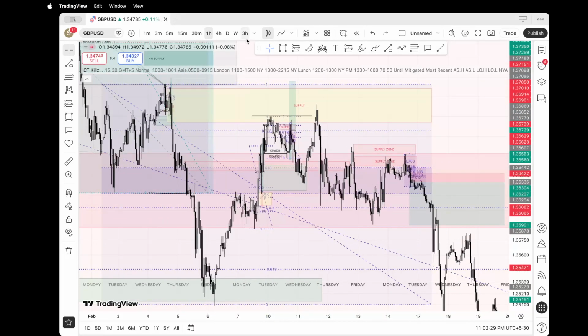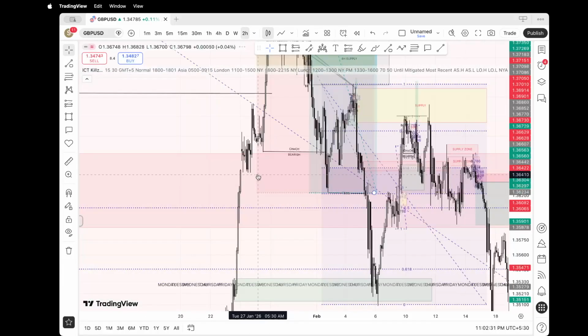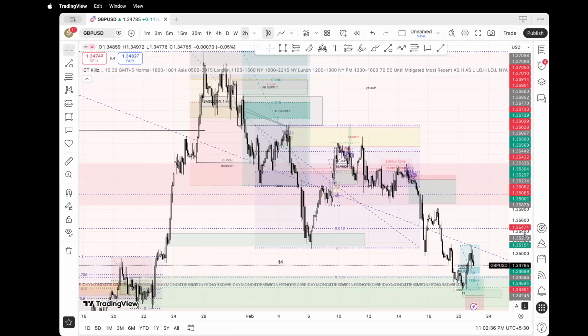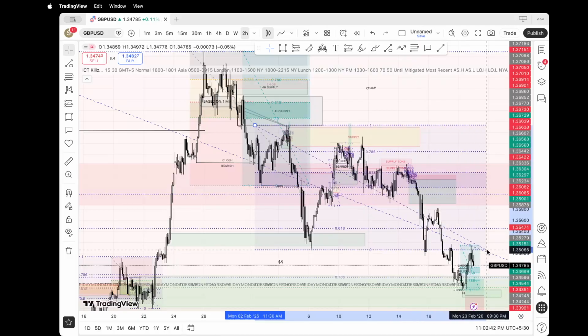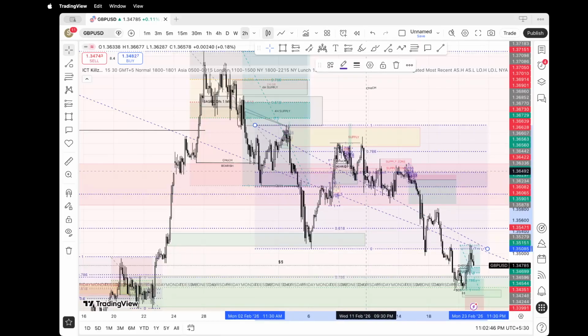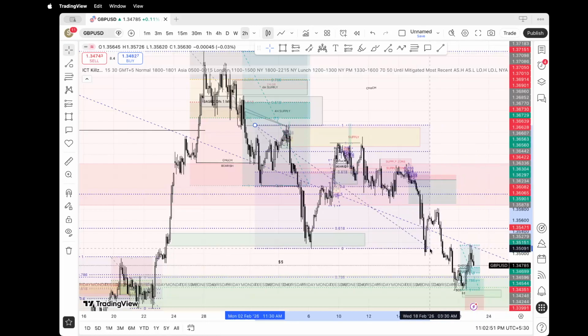We had this 2 hour order block, and we thought of selling from here. If you see this Fibonacci, let me extend it a bit, this particular zone lies in a good zone of 0.6 to 0.7 retracement. So yes, it was indeed worth giving a short trade.